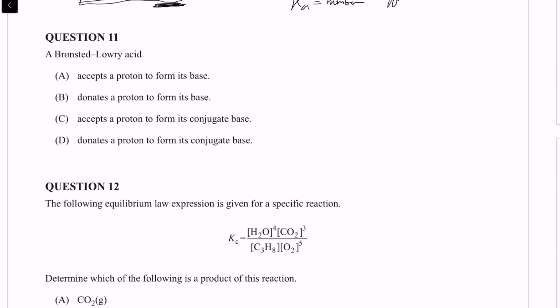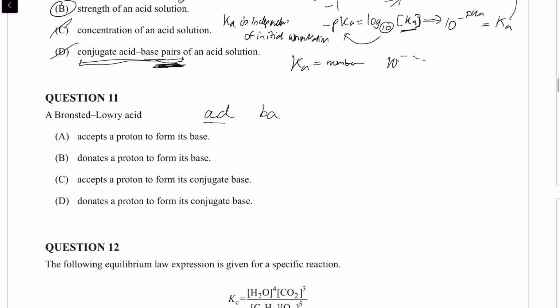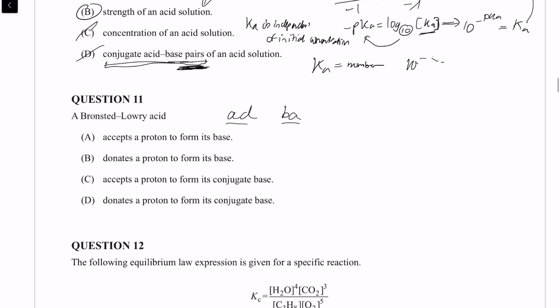A Bronsted-Lowry acid. This is a typical question here, so just note that acid donates. So acid donates and bases accept. Okay. So I don't know, ADBA, whatever you want to remember it.